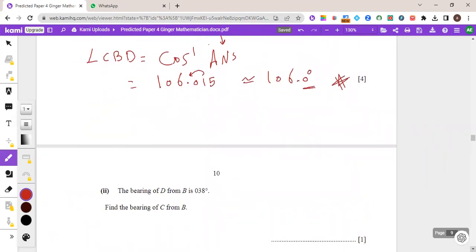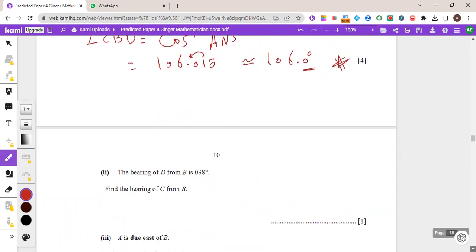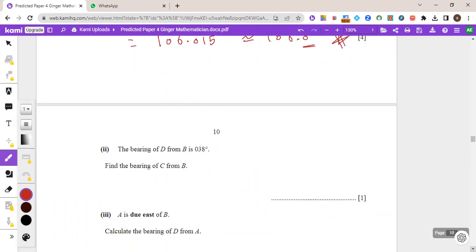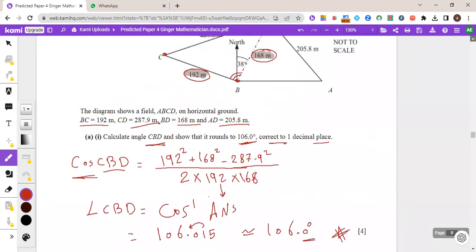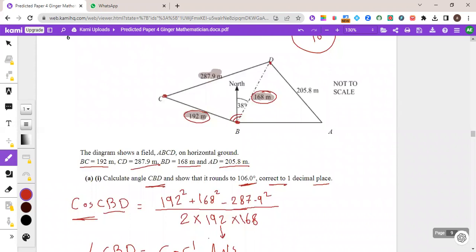Next question, Zena. The bearing of D from B is 038. Find the bearing of C from B. Yes, the bearing of D from B is 38 here.